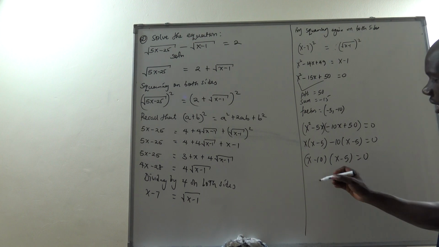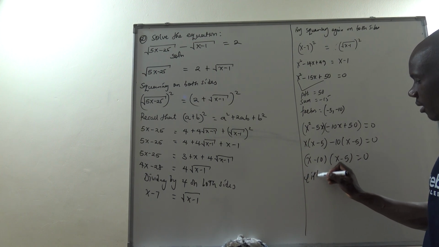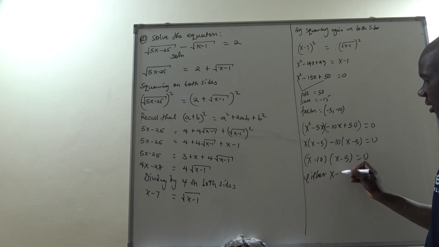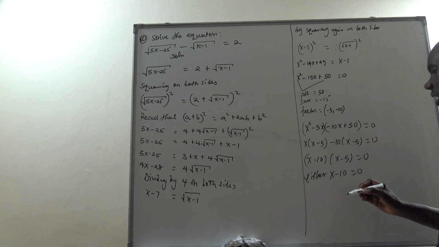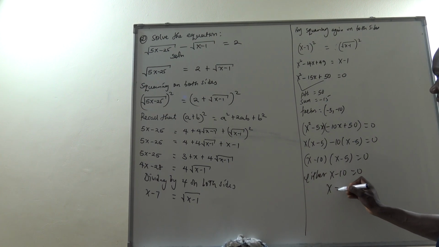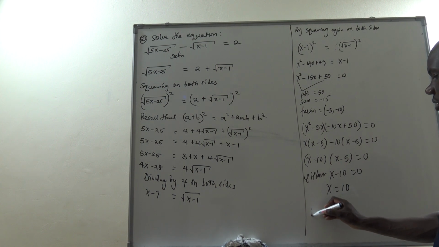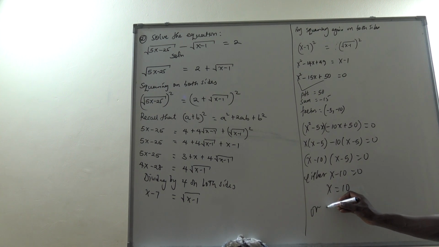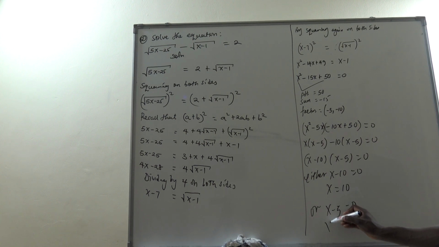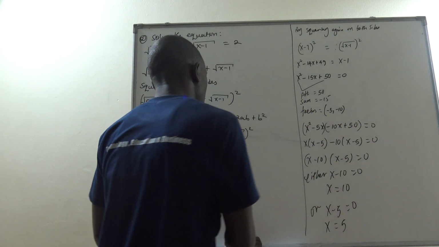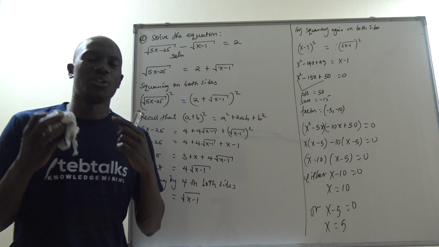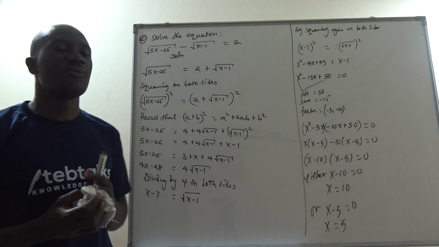So we are going to say either x minus 10 equals 0, and when this one goes the other side, x equals 10, or x minus 5 equals 0, so x equals 5. So I've got two values of x. We now need to test for the convenient value of x.